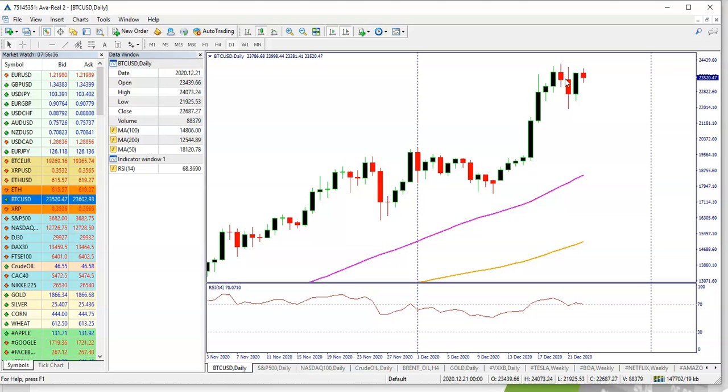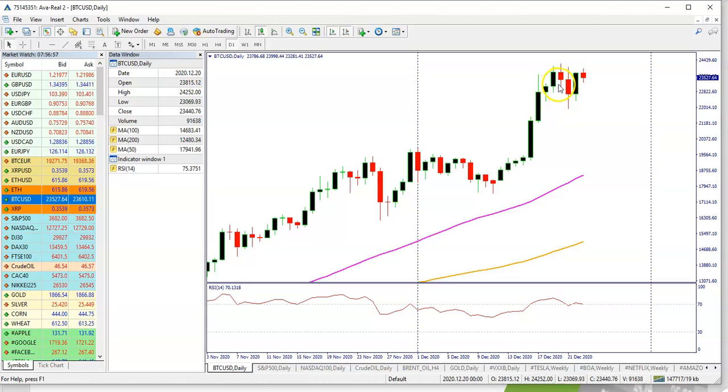But ever since, the price has traded lower. But only yesterday, the price didn't form a lower low, because before that, for 2 days, we had this consistency of price forming lower lows and lower highs.